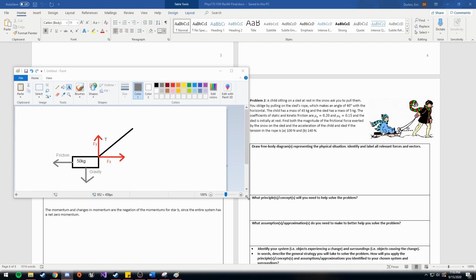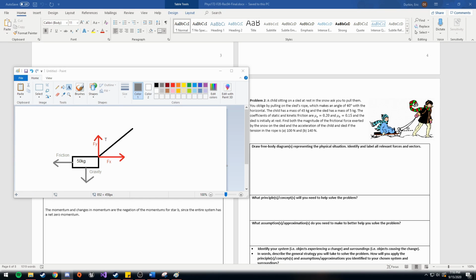You have the object with the rope being pulled. The tension in the rope is the force of the pull. I just call that T for tension. Then I split the force into two components, x and y. We'll probably be only concerned with the x component, right? Yeah, but just for simplicity, I split it into two.